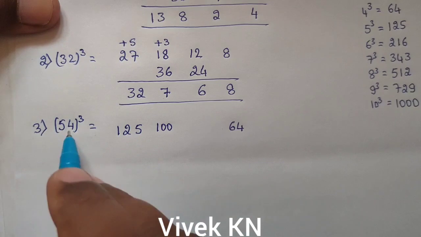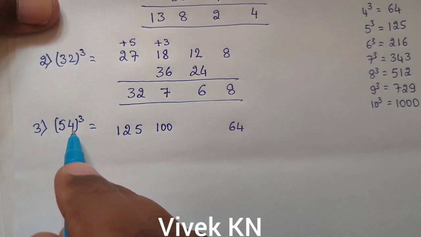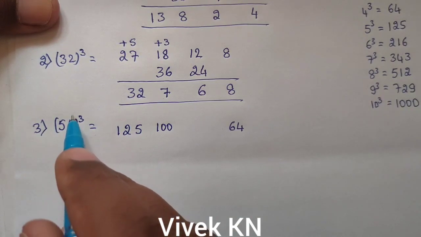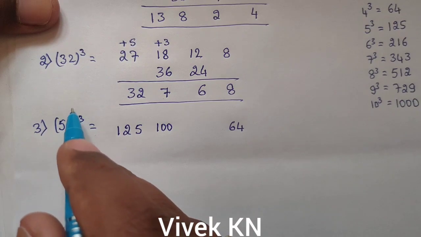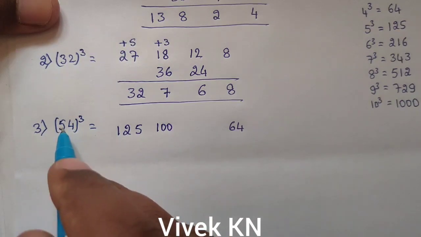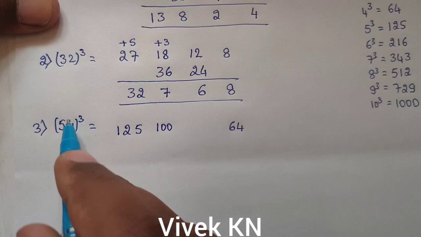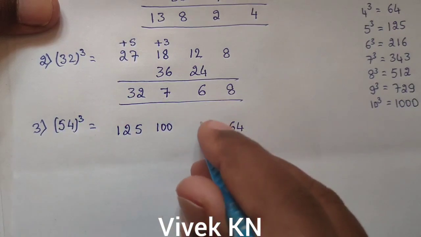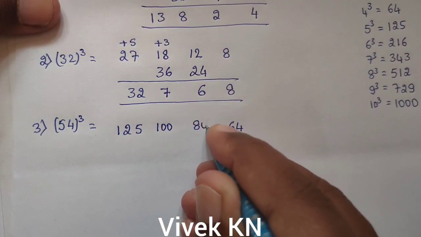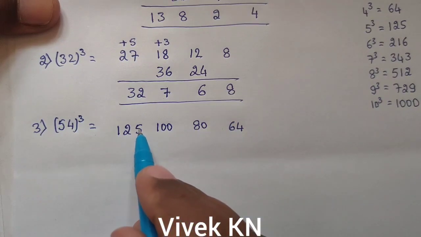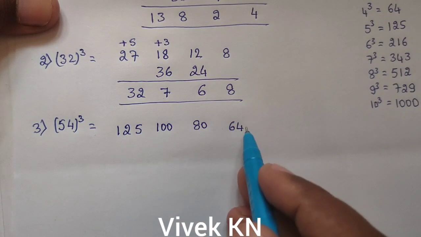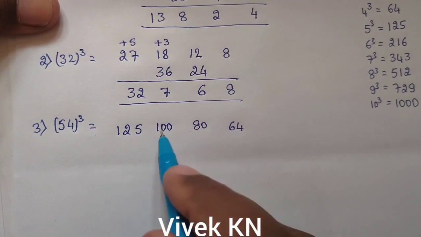In the third step, we have to square the second digit of the given number. That is 4 square is 16, and this 16 is to be multiplied with the first digit. So 16 into 5 is 80. And then we have to leave the first number and the last number, and double the middle two numbers.